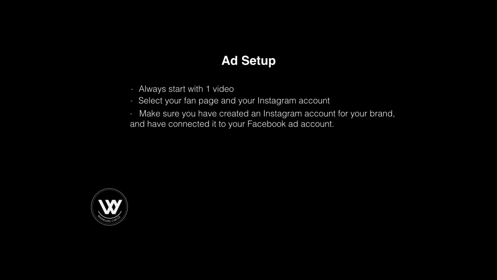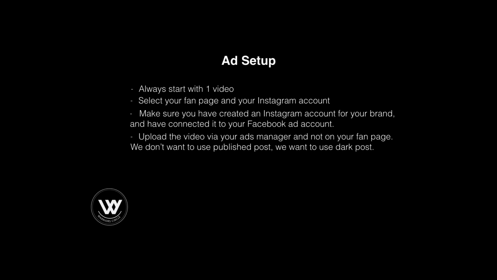And you also need to connect your Instagram account to that business manager. That way, when you're setting up ads, you have the selection to select your Instagram account and your fan page through that avenue. And if you're going to be doing any big numbers, you're definitely going to need a business manager, especially if you're going to be following through this series, because I'm going to be showing you ways to scale up using that business manager.